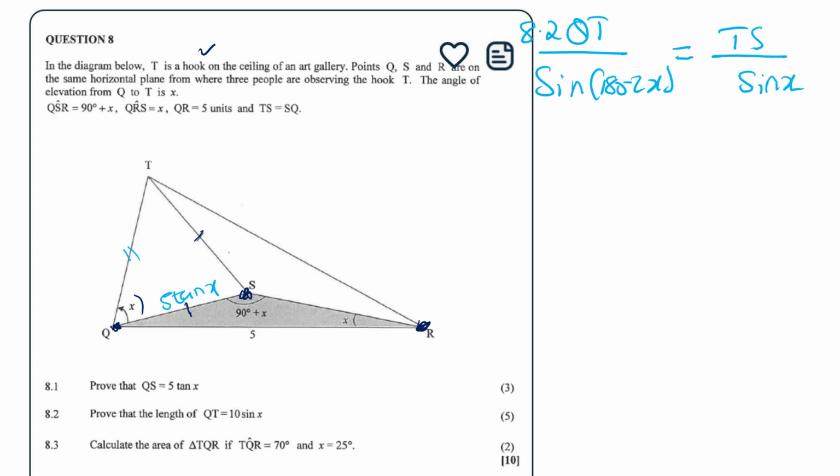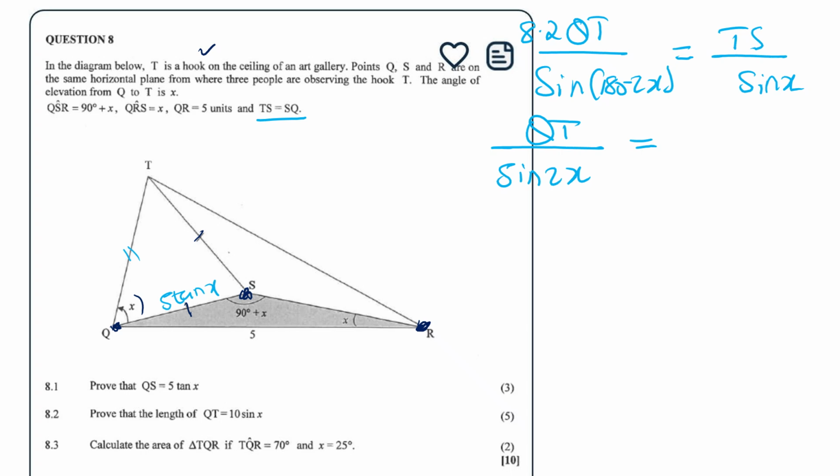Very good. So QT over sine 180 minus 2x, which is equivalent to sine 2x, right? So sine 2x. This is equal to TS, because we are given the statement that QS is equal to TS. TS is 5 tan x.